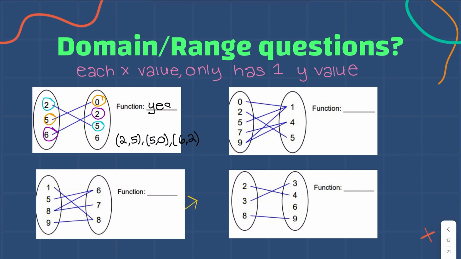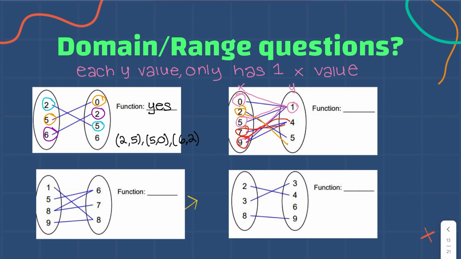Yes. Now if we look at our second one, we might notice there are quite a few more lines. Each x value only has one y value. Here, these are our x's and these are our y's, by the way. 1 goes to 0, 5, and 9. 9 also goes to 4, and 7 goes to 4, and then 2 goes to 5.